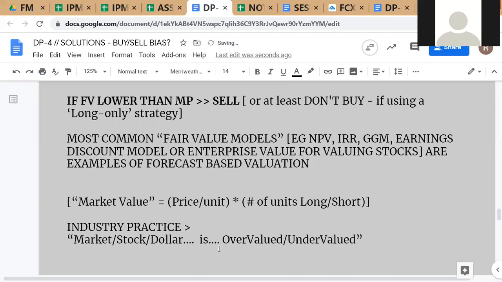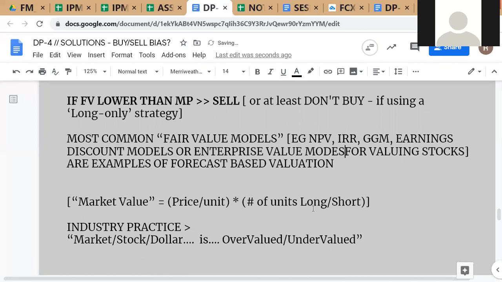The earnings discount model means nothing but, the same as GGM, instead of dividends you replace it with earnings. The basic structure is the same. This stuff is very common in M&A.